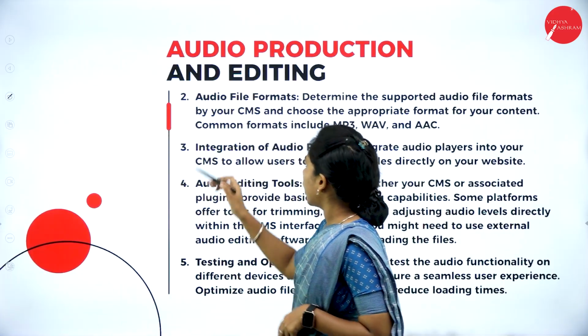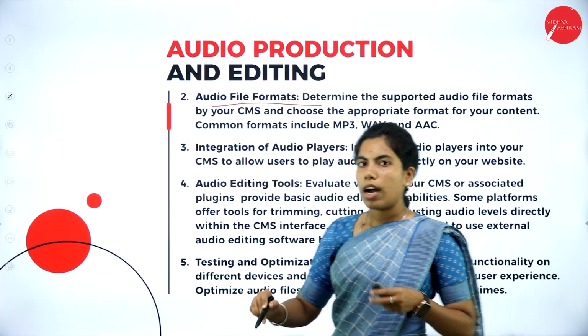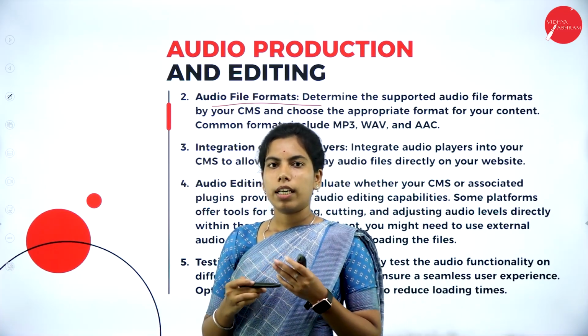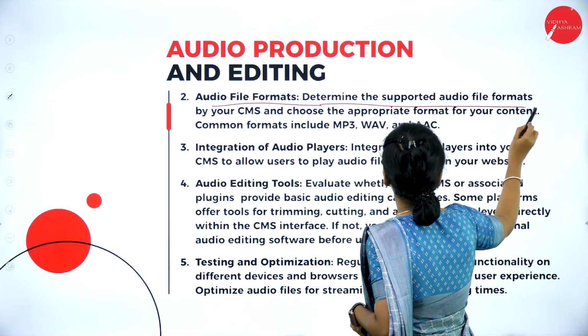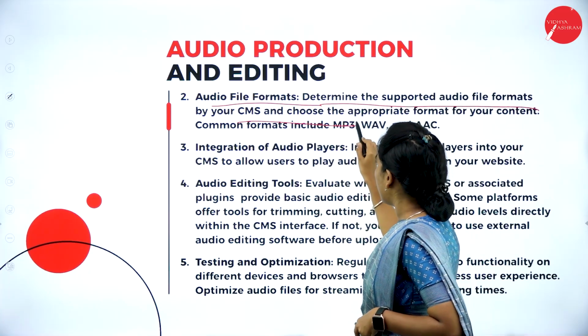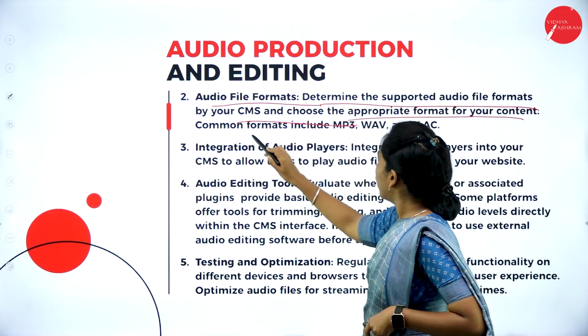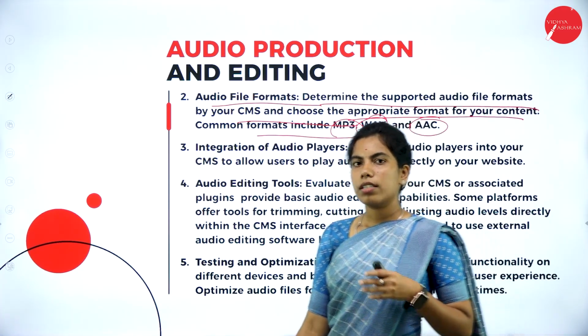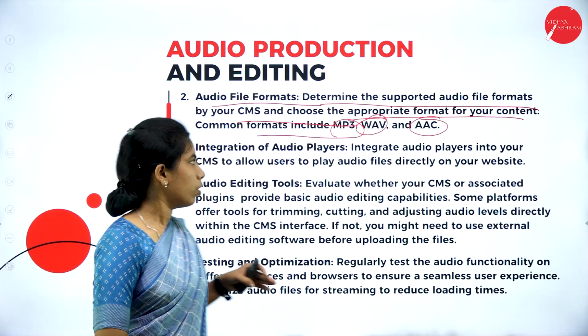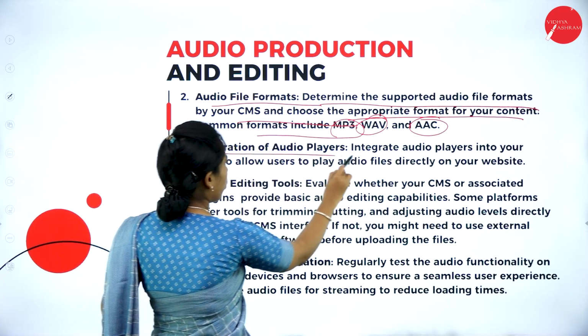The second step is audio file format. The audio file format can be like MP3, right? Determine the audio file formats supported by your CMS and choose an appropriate format like MP3, WAV and also AAC. These are some formats of audio. And also integration of audio players.